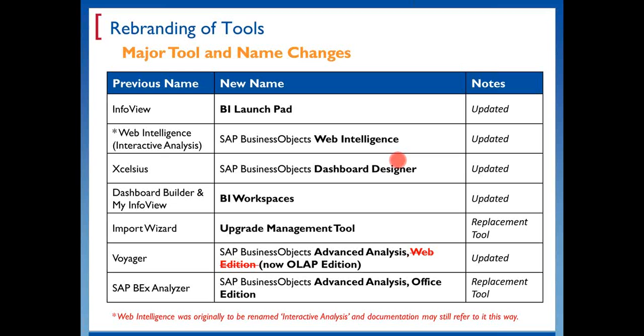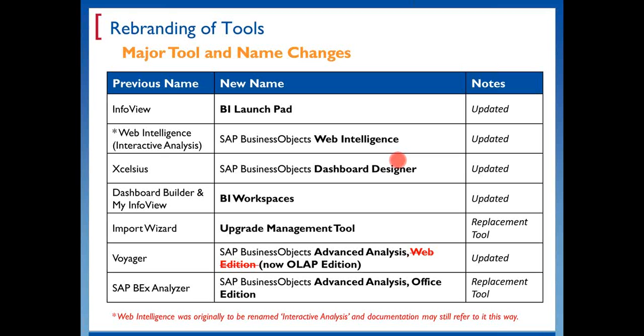Previously you had a product called Voyager. Voyager was used to connect to application-specific OLAP-based applications. However, this Voyager product no longer exists with the introduction of the XI 4.0 platform. It has been replaced with a tool called Business Objects Advanced Analysis.